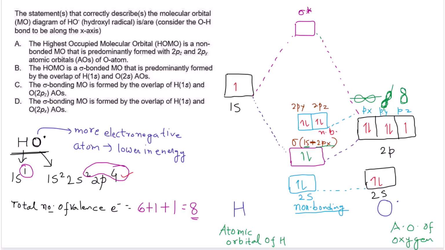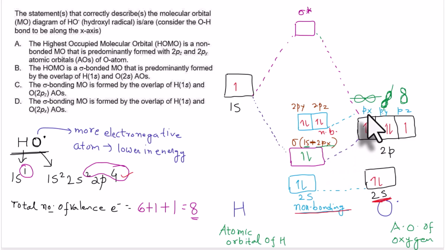Okay, hope you understood. First, 2s is energetically very different from the 1s orbital of the hydrogen atom. That is why it cannot overlap with any of the atomic orbitals of hydrogen, so it remains as such energetically, giving rise to the first non-bonding molecular orbital.